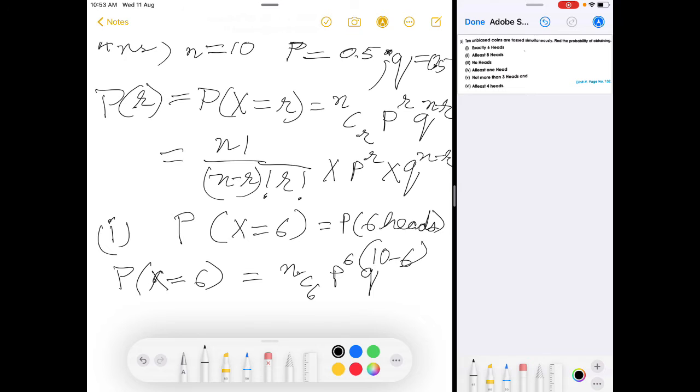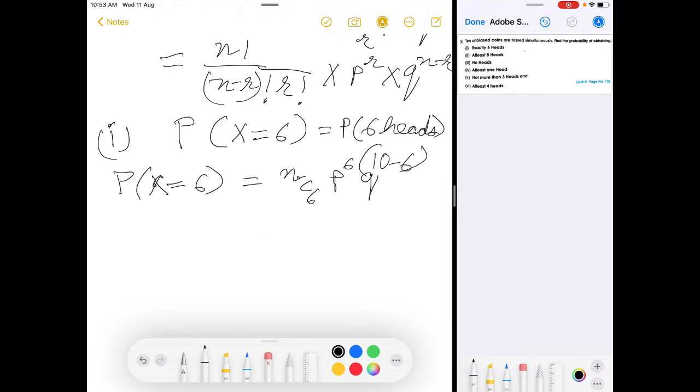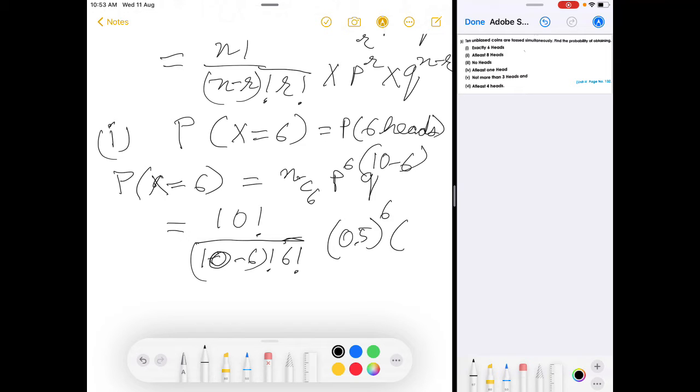Now let's replace the values and expand the combination. Here n is 10 factorial divided by 10 minus 6 factorial multiplied by 6 factorial. P is 0.5, so 0.5 to the power 6, and q is also 0.5 to the power 10 minus 6, which is 4.